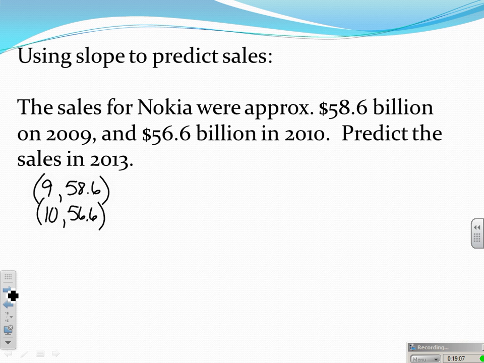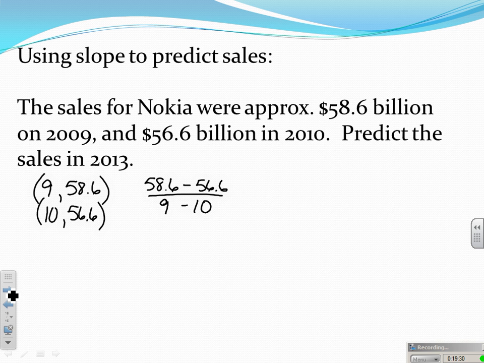So figuring out our slope, whether you pick one of those for your X1, Y1 or your X2, Y2, it doesn't matter. I'm going to go with the top one being Y2 and my bottom one being Y1, and I have to stick with that same order for the X's.